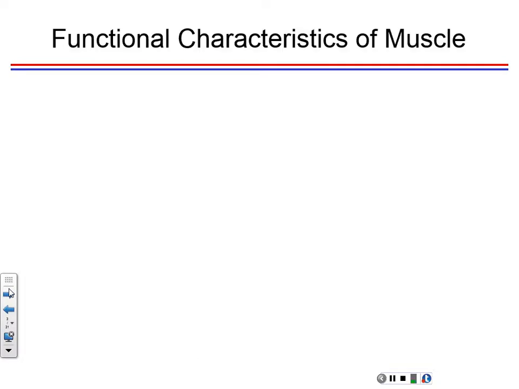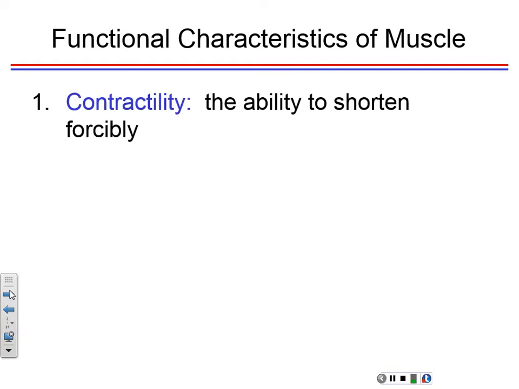All right. Because muscles have certain attributes, which we're going to call characteristics of a functional nature, that allow the muscle to do something. So these are functional characteristics. They can contract, they can extend, they can recoil, and so forth.